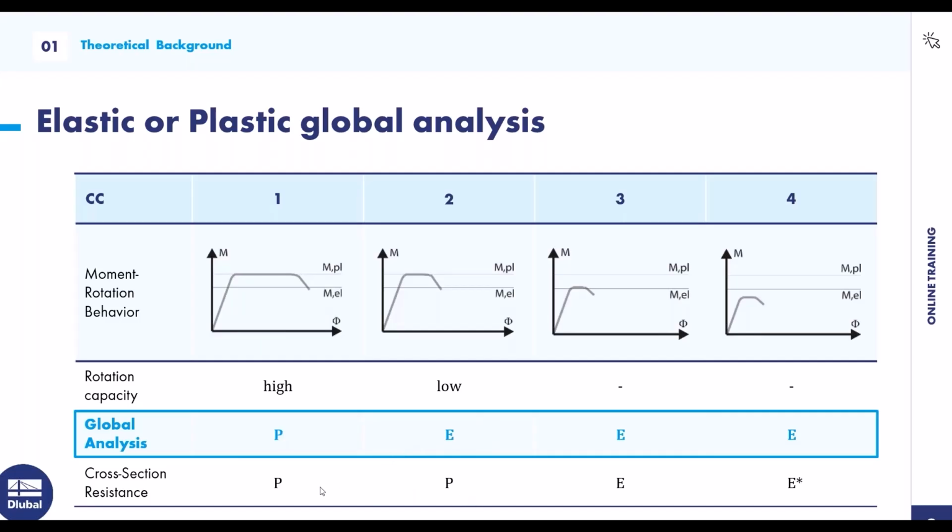And what's important is that the first two cross-section classes can be designed plastically with the plastic cross-section resistance, and cross-section classes 3 and 4, where the cross-sectional resistance can only be applied elastically. Okay, then we turn to the next slide.